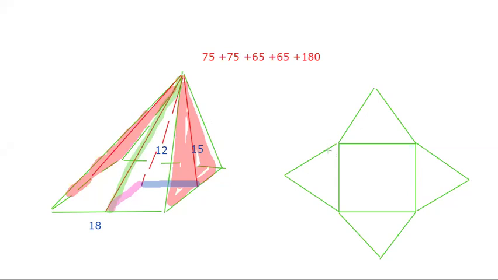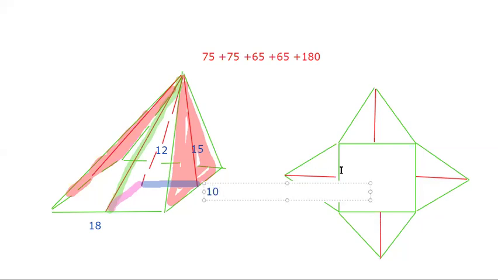But the 15 is important. That was the height of every triangle. Every one of those red lines is 15. Now, I accidentally deleted my measurement here. That was 10.